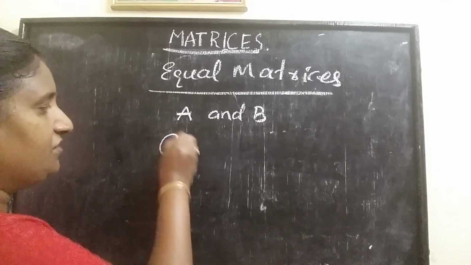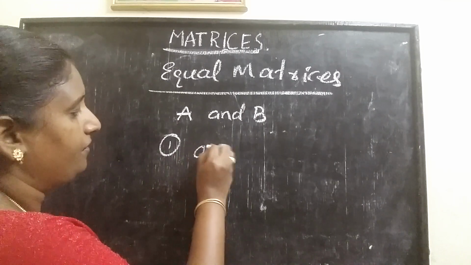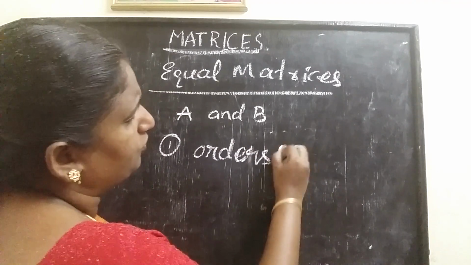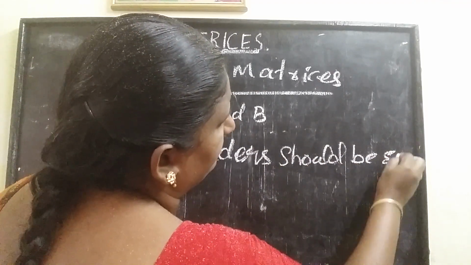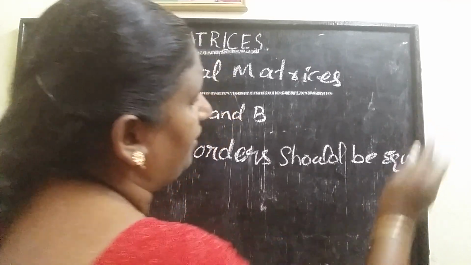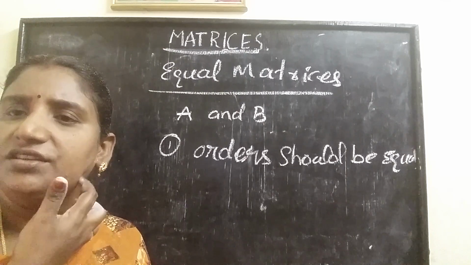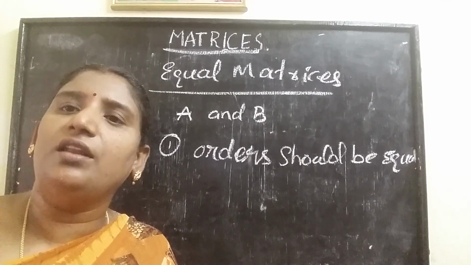The first one is that the orders should be equal. To compare whether two matrices are equal or not, they must have the same order. Then only we can compare them.